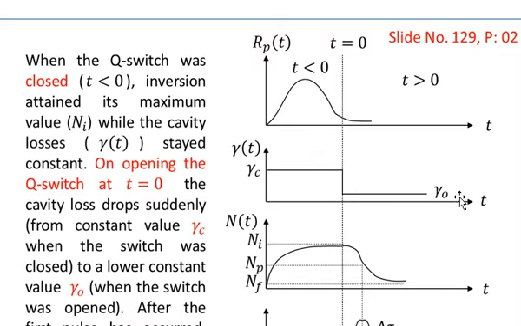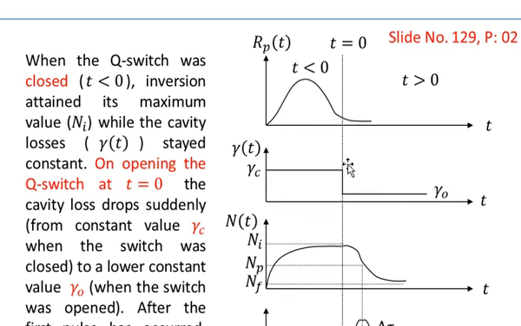So gamma naught is the value of the losses at the steady state. That is, when the laser operation has started, when the pulse is starting to build up in the cavity, the value of the losses appears to be gamma naught. So gamma C is a constant value when the switch was closed, and when the switch was open, the value of the losses then falls to its steady state value, which is gamma naught.